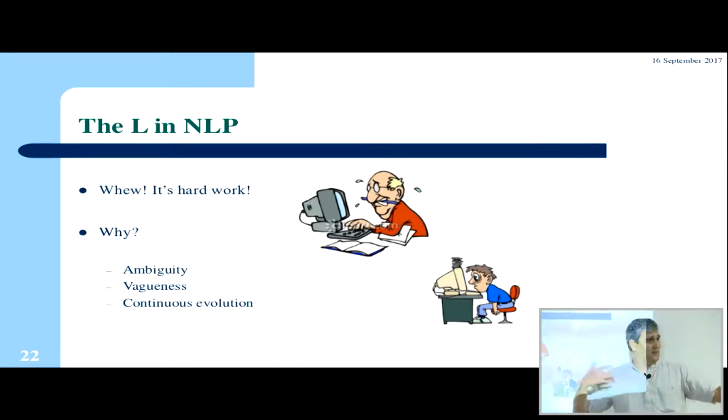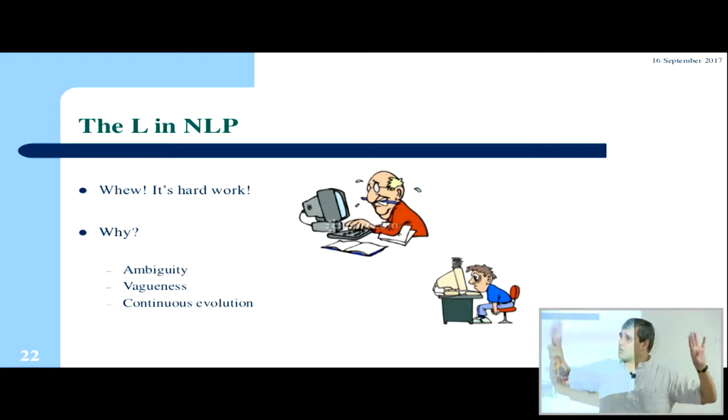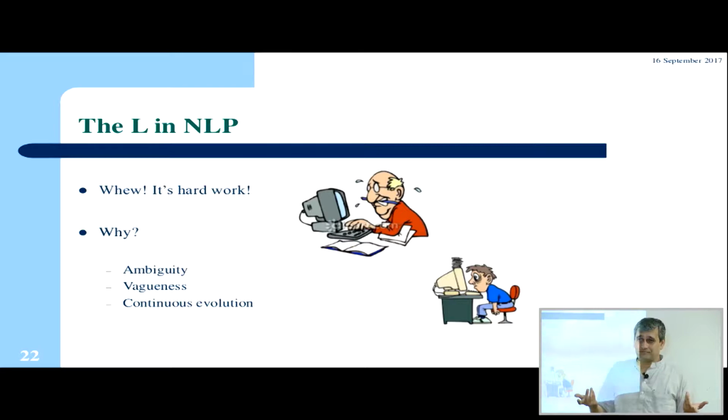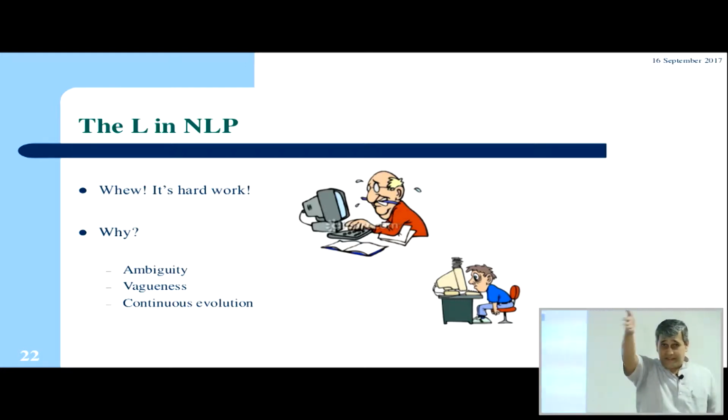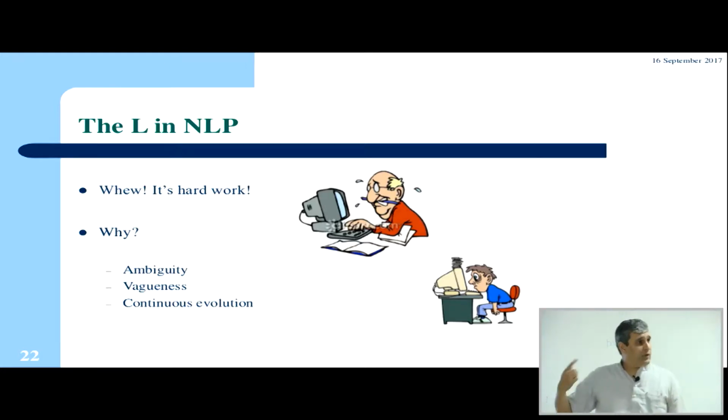Vagueness, we are vague. Yeah, I'll come around 12. So, what's that around 12? 12 in the morning, 12 in the night. It's all vague. Continuous evolution. Somebody said it evolves. Language evolves continuously. And your study or your system has to take care of all that.